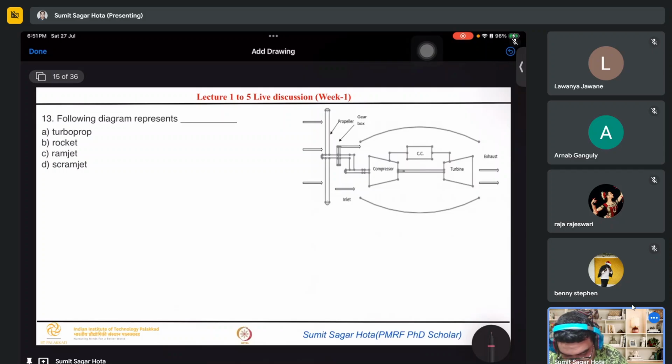So next question, you have to tell what kind of engine this is. Obviously here you can see one compressor, then one combustion chamber and turbine. If only these things were there, then it would be a turbojet. What is the extra? Here one propeller is there, and because of the propeller it has to operate through a gearbox, and that gearbox through the compressor.